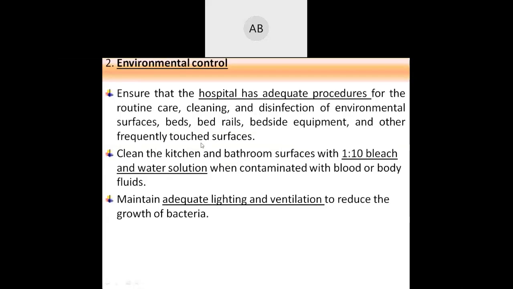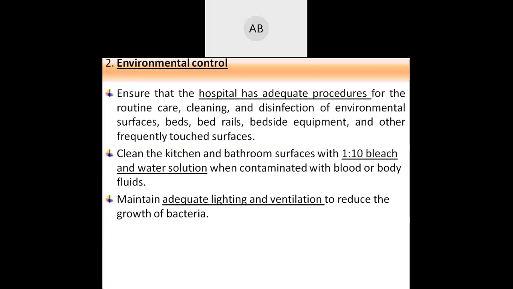Next is environmental control. Most of the time, environmental control means keeping the hospital clean, with proper waste disposal methods. Ensure that the hospital has adequate methods of cleaning. Every day cleaning should be done of the bed and the linen, including changing the bed sheets, along with proper disinfection of the environment and sterilization of all the equipment.